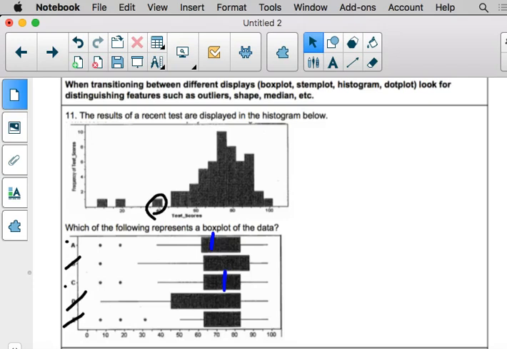And again, I apologize, you can't see that very well in yours. I think A has a more appropriate median. I think it should be a little bit lower. It should not be way up there at 80. It's going to be closer to that peak. So again, that's how I would go through this. Discuss the median, outliers, and so on to see which one fits the best.